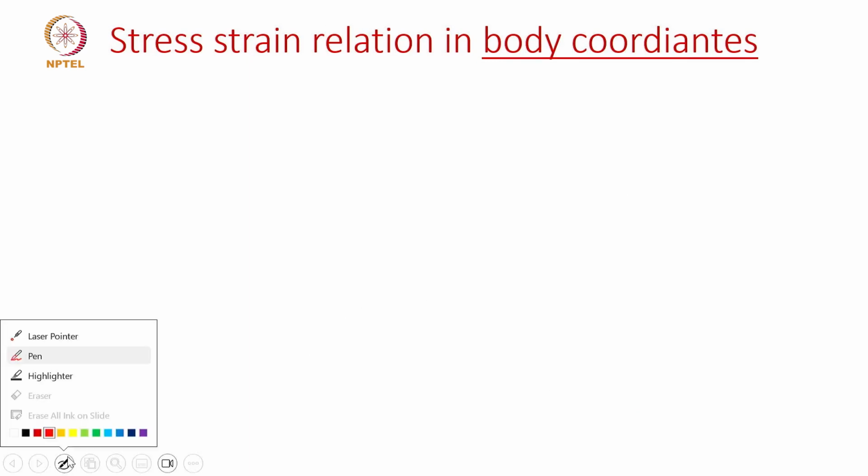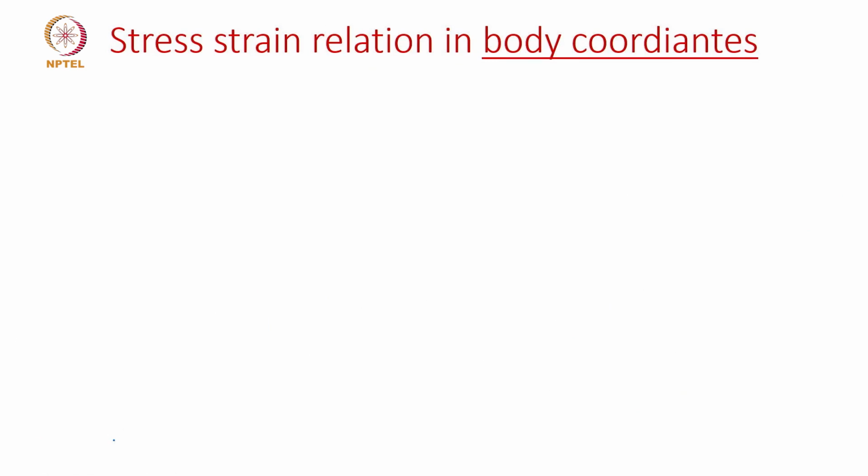Before we start, let us bring in the important equations which we need. Since we are more interested in the body coordinates, but we start from the material coordinates, how do we write the stress strain relations?